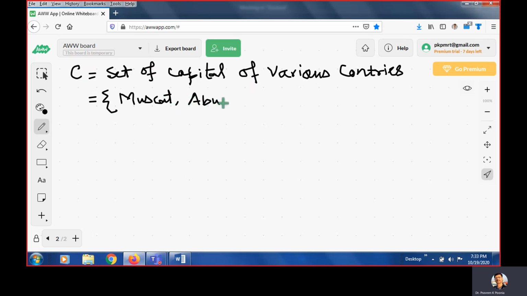It's Abu Dhabi. What is the capital of Qatar? I do not know. What is the capital of Saudi Arabia? It is Riyadh. What is the capital of Pakistan? It is Islamabad. So this is the set of capitals.